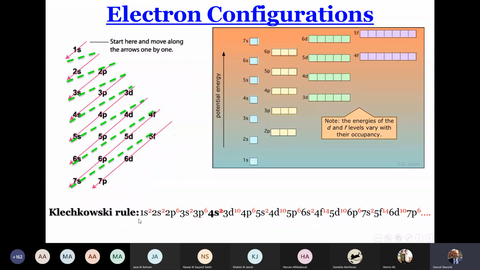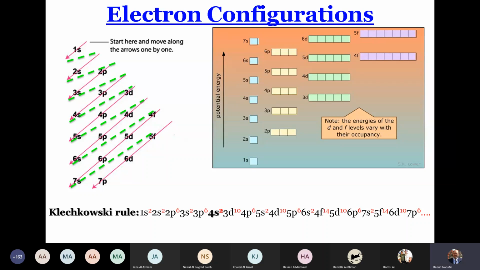So we obtain the complete Klechkovsky rule, and now according to the number of electrons in the atom, suppose we have 26 electrons. So we fill 1s2, 2s2, 2p6, this is 10, 3s2, 3p6, 18, 4s2, 20.